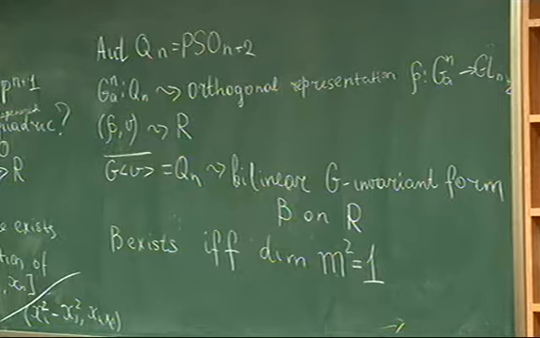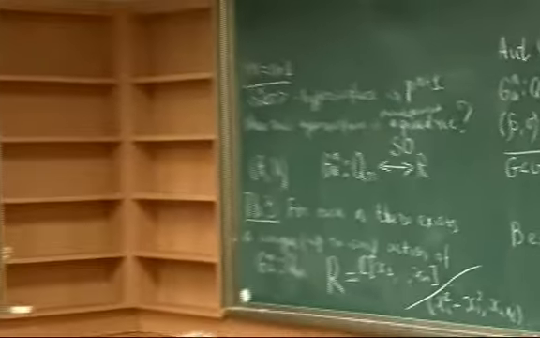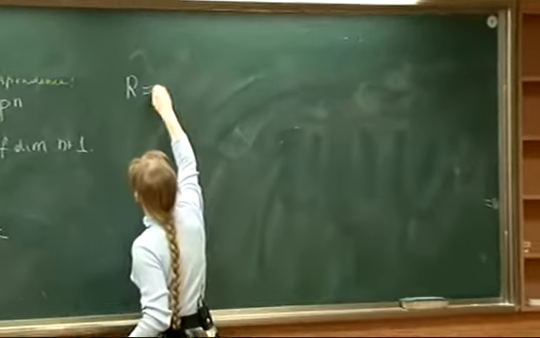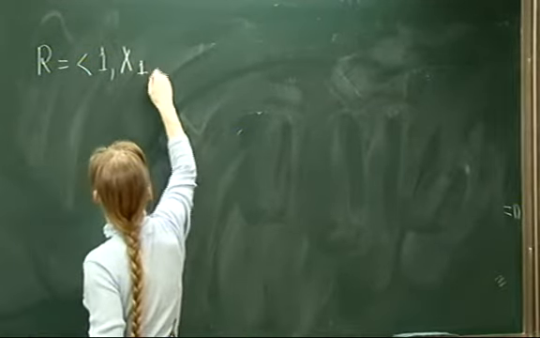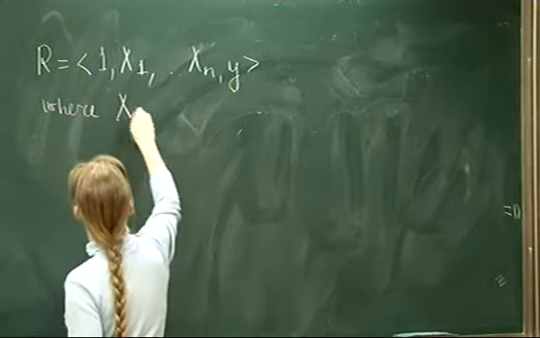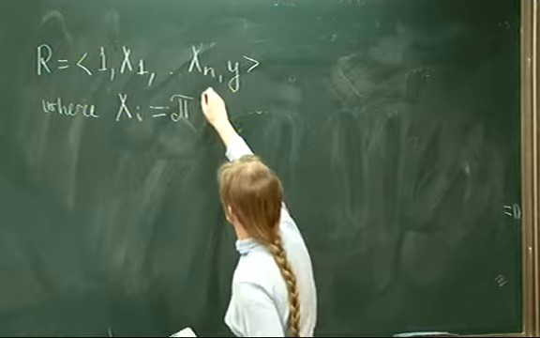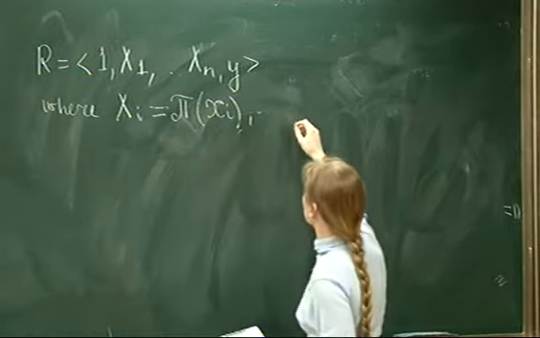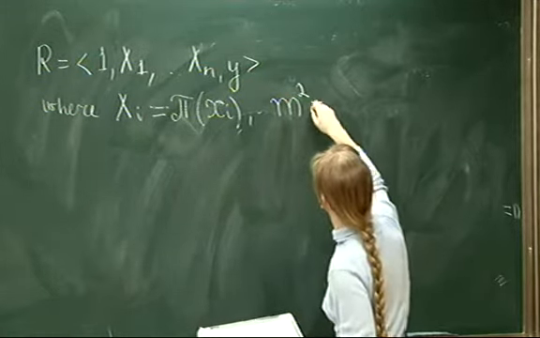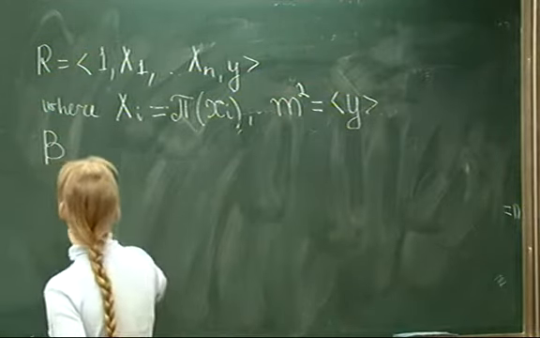It can be written as follows. If the algebra R is a linear span of 1, x1, ..., xn, y, where xi is just the image at factorization of the generator number i, and m squared is the linear span of y, in this case the form is of the following form.